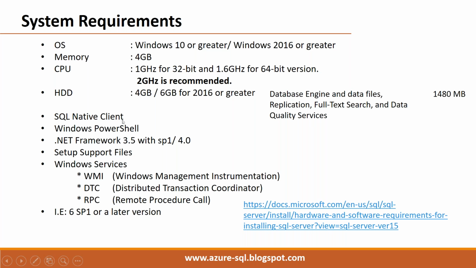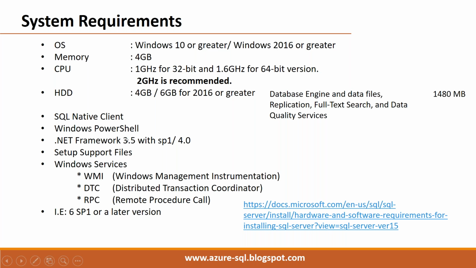Then the SQL native client is required. This native client is required to establish communication between the client and server machines. By default, remember, this native client is installed automatically the first time we install SQL Server. It is installed only one time. Then Windows PowerShell is required.